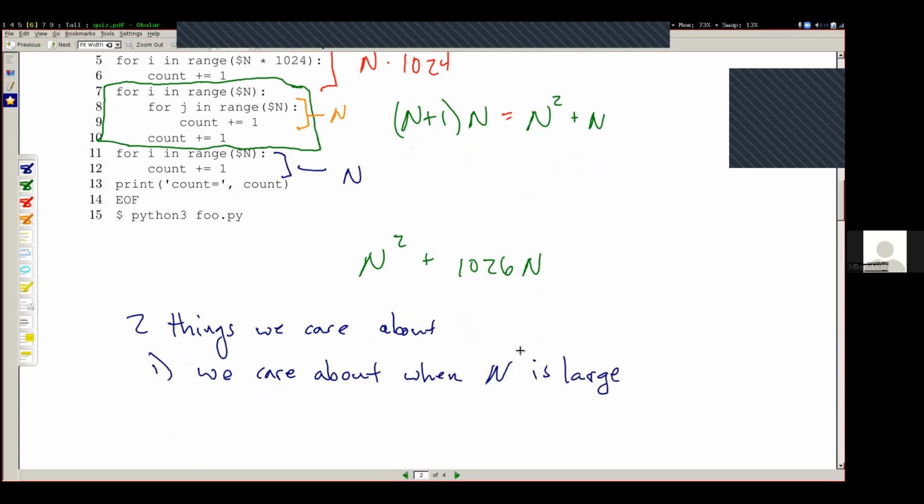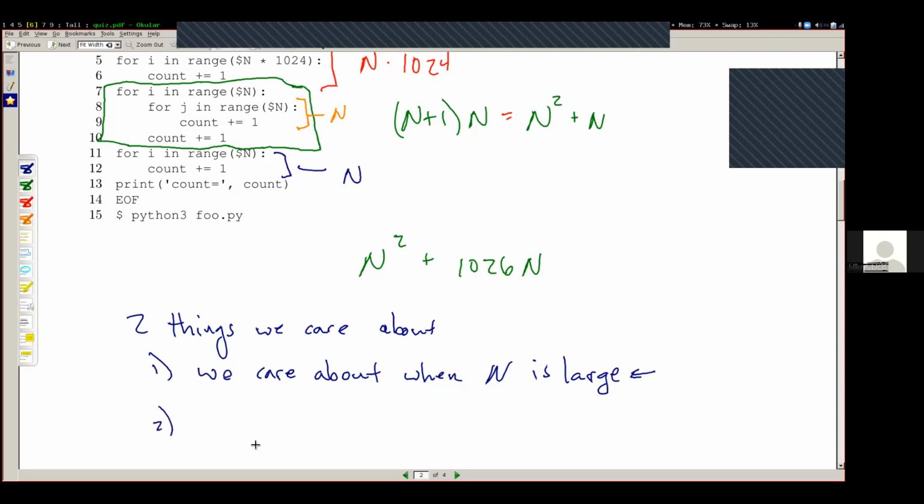And exactly what large means will vary from application to application. We'll talk more about exactly what we mean by that later.